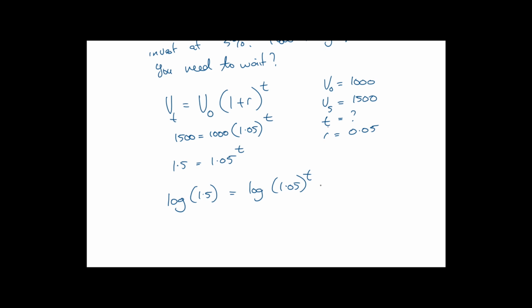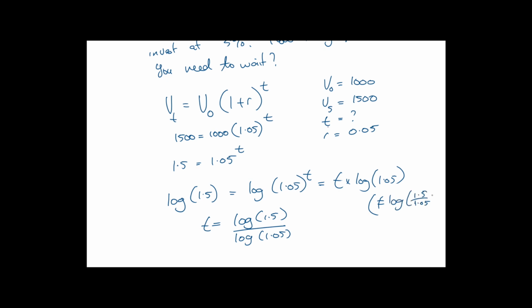But remember, when we take the log of something, the exponent can come out the front, which is t times log of 1.05. So if we divide both sides by log of 1.05, we're going to find t. So t is going to equal log of 1.5 divided by log of 1.05. And just remember that that is not equal to log of 1.5 over 1.05. It's not equal to that.